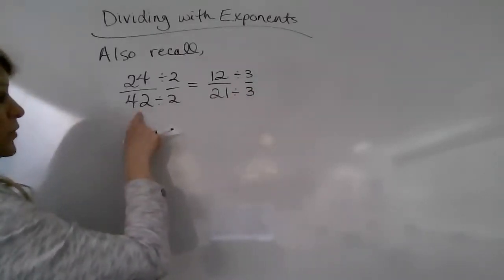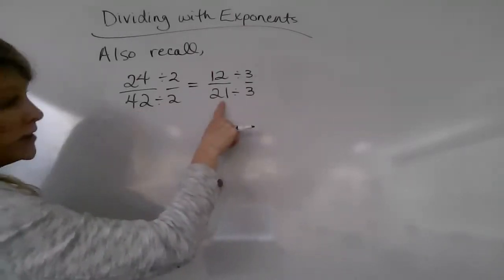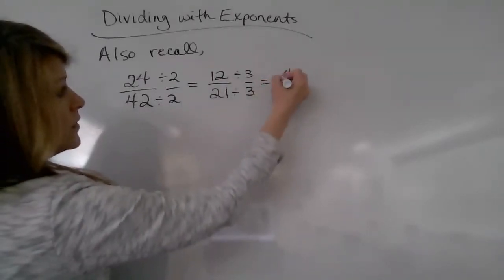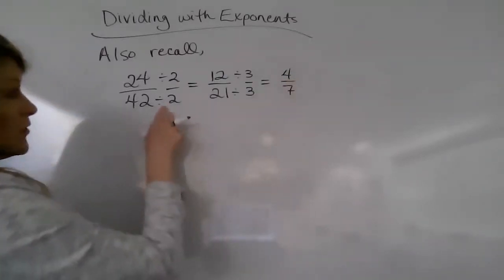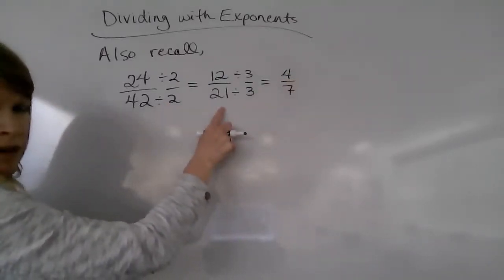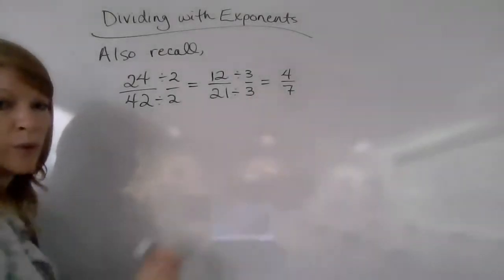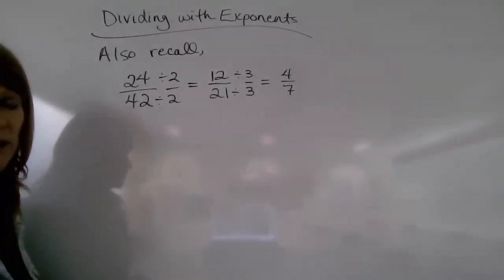So 24 over 42 is equivalent to 12 over 21, which is also equivalent to 4 over 7. So if you simplify and they still have something in common, you need to continue simplifying until it's in simplest form. Hopefully that helps. Let's start dividing with exponents now.